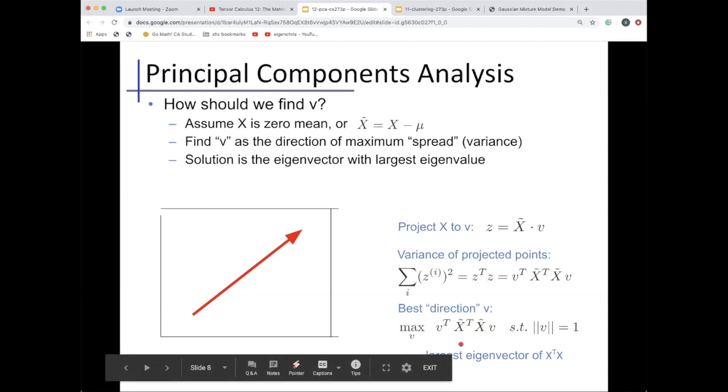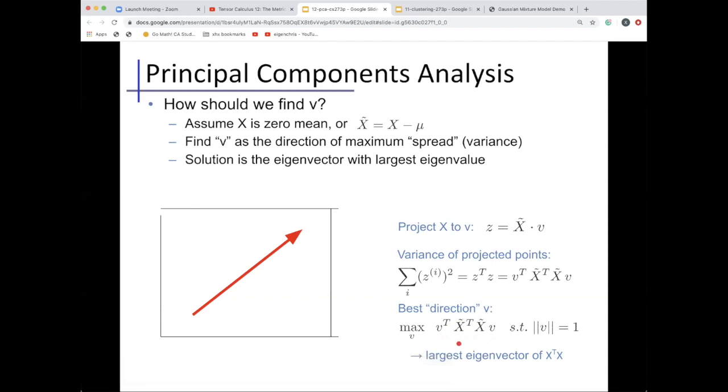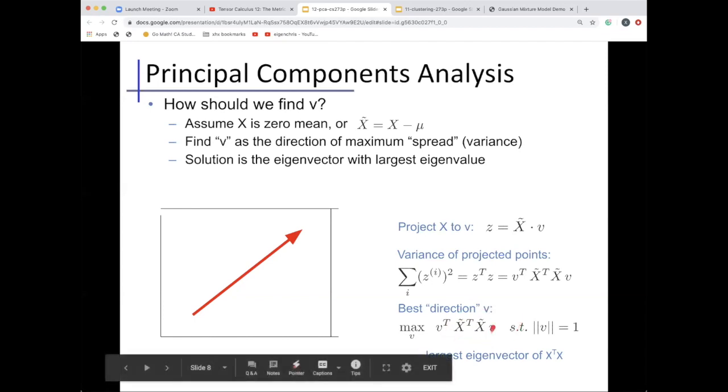A covariance matrix is symmetric, and in addition it is a positive semi-definite matrix, which means it always has non-negative eigenvalues. So you can do eigenvalue decomposition of this covariance matrix.